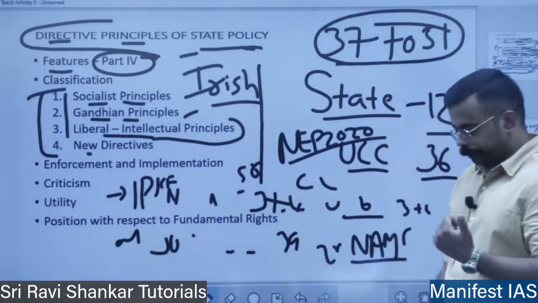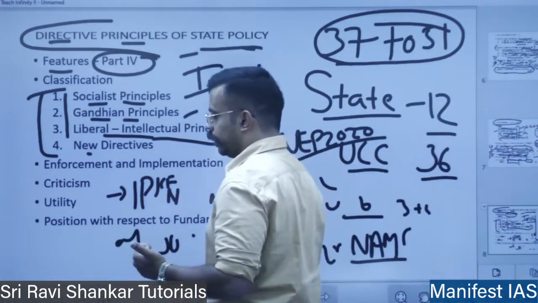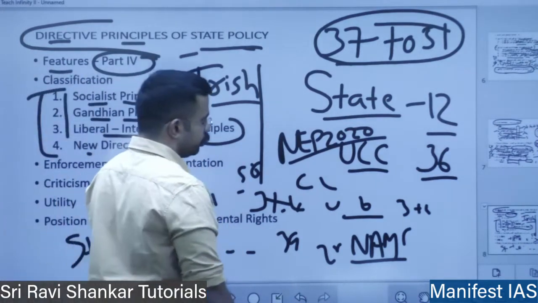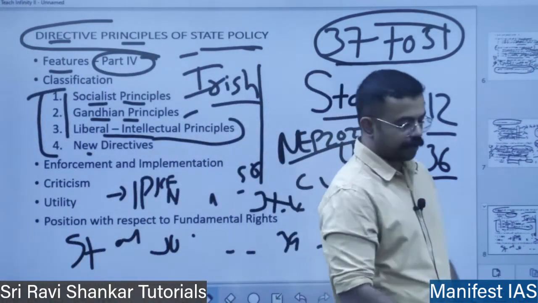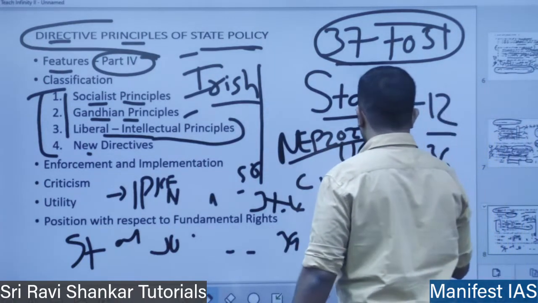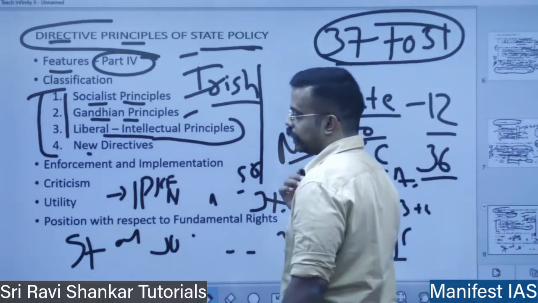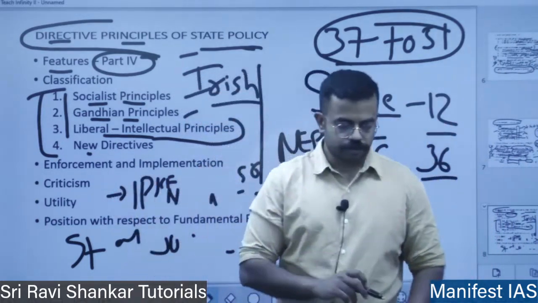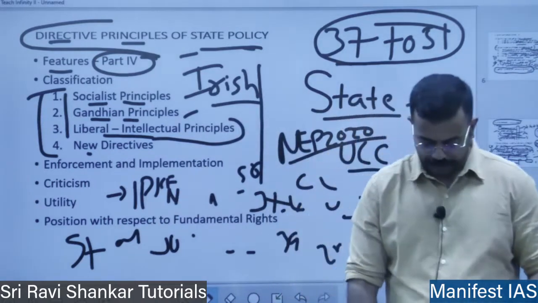Why then? Because in 1972 there was the Stockholm Environment Conference. Then only we will see various Air Act, Water Protection Act, Water Cess Act, so many things get started in 1974. So, environmental revolution in India.